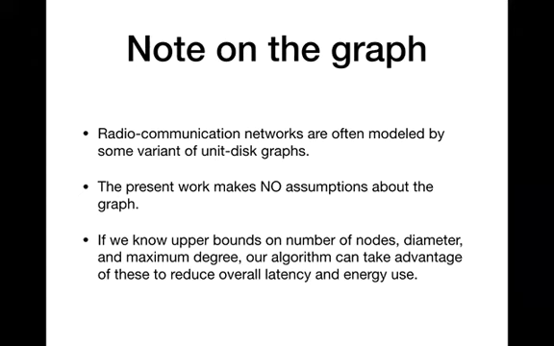We will assume that the nodes have some estimate of the number of nodes, n. Namely, what we need to know is a fairly good estimate on log n. If we know upper bounds on the number of nodes and the diameter and the maximum degree and all kinds of things like that, then we can take advantage of these to reduce the overall latency. But the only thing that we really absolutely need is an estimate on log n.